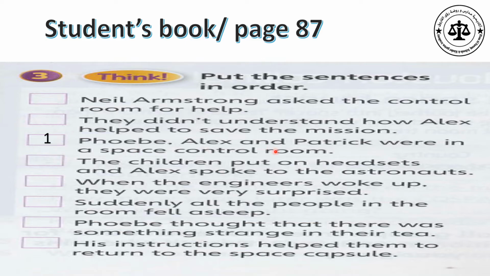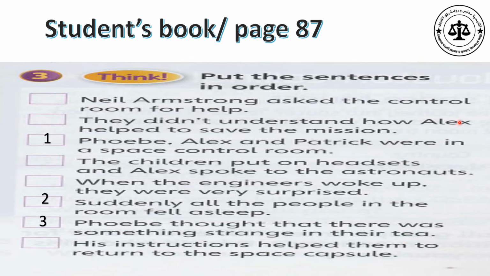Phoebe, Alex, and Patrick were in a space control room. Then, suddenly, all the people in the room fell asleep, all of the engineers. Number 3. Phoebe thought that there was something strange in their tea.